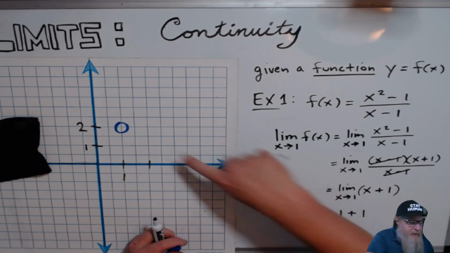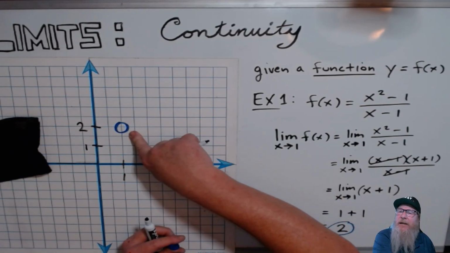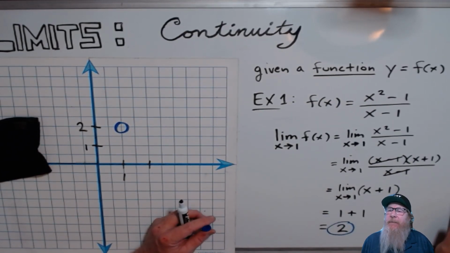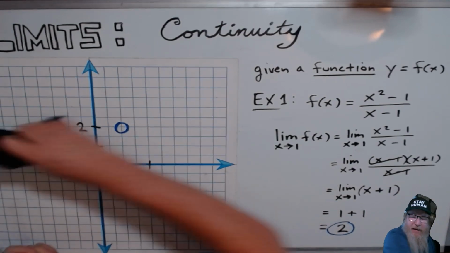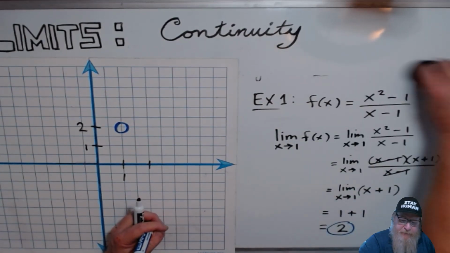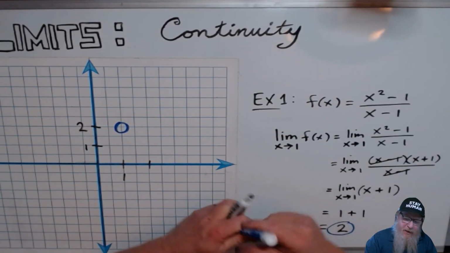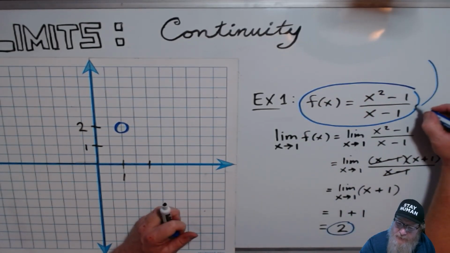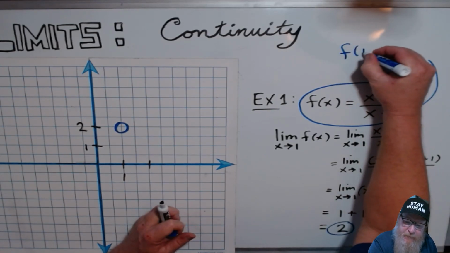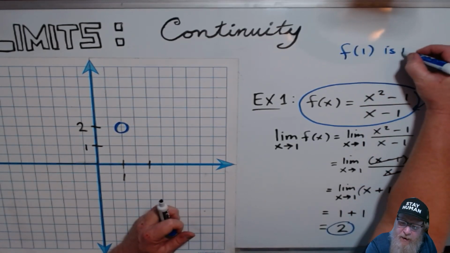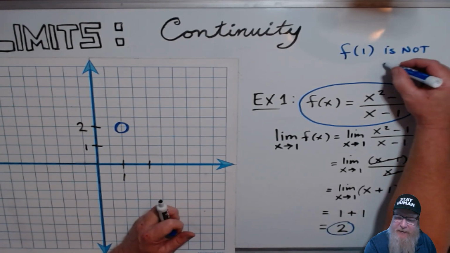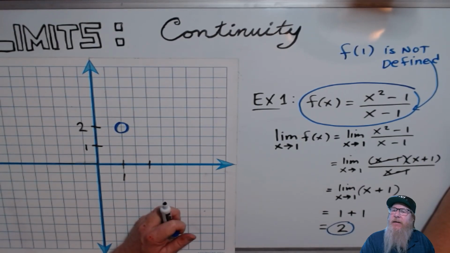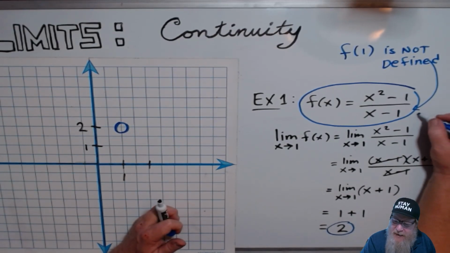But the limit tells you what it's getting close to. It doesn't tell us what the actual value of the function is there. So I need to make a very important distinction. You always want to look at the original function. f of 1 is not defined. In other words, x cannot equal 1.